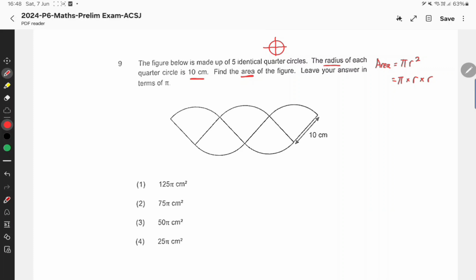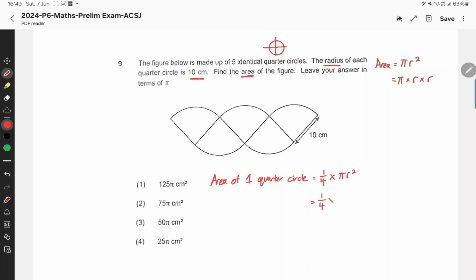Now we need to find out what is the area of 1 quarter circle. The area of 1 quarter circle is 1 quarter times the area of a circle, which is pi r squared. So we're going to replace the r with 10 cm because the radius is 10 cm.